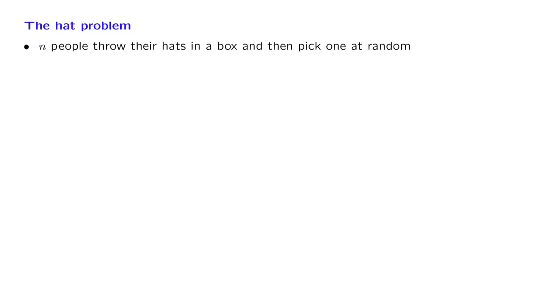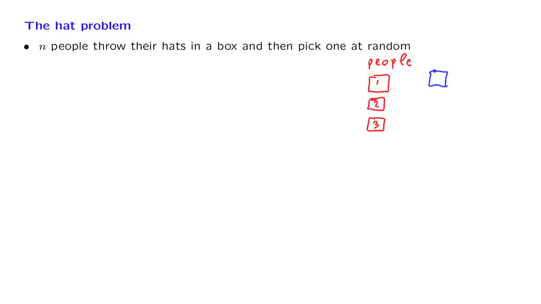There are n people, and let's say for the purpose of illustration that we have 3 people, persons 1, 2, and 3. And each person has a hat. They throw their hats inside a box, and then each person picks a hat at random out of that box.